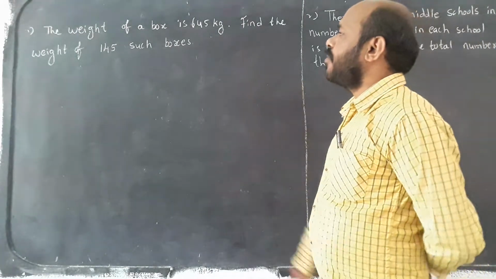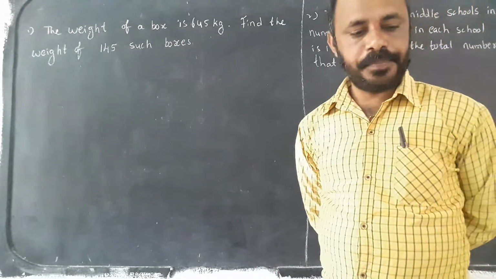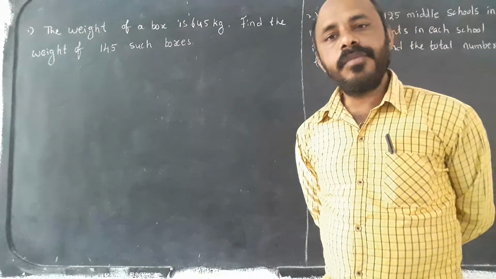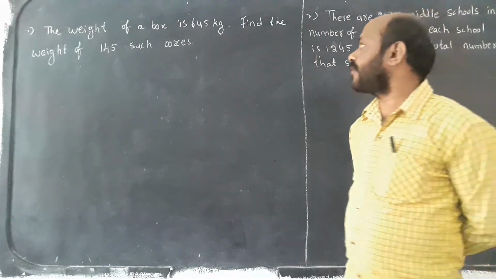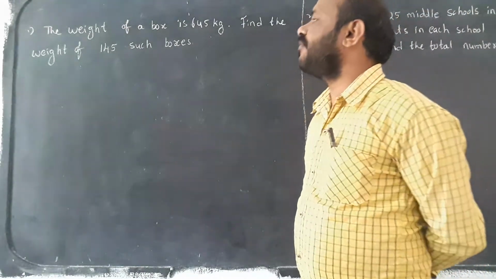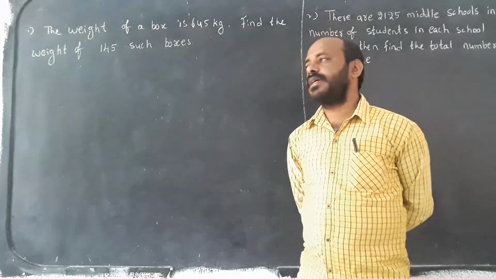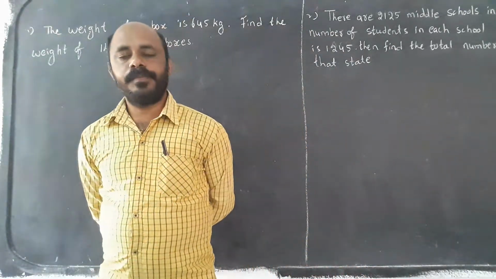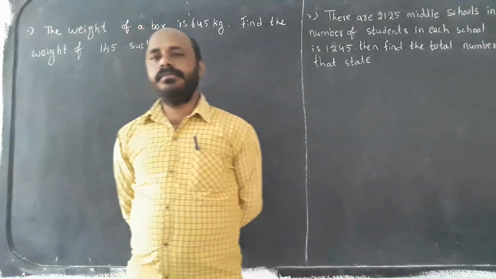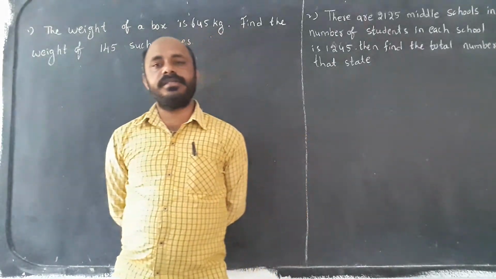The weight of a box is 645 kgs. One box weight is given, that is 645. Find the weight of 145 boxes. Suppose one goods carrier brought 145 boxes.